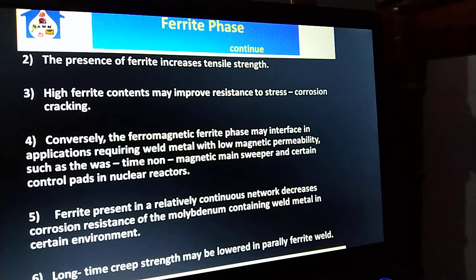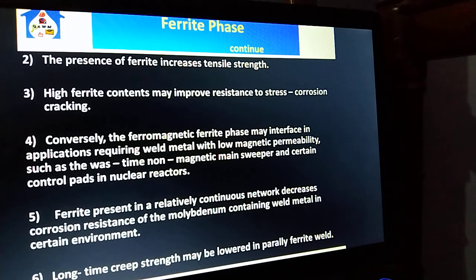The presence of ferrite increases tensile strength. High ferrite content may improve resistance to stress corrosion cracking. Conversely, the ferromagnetic ferrite phase may interfere in applications requiring weld metal with low magnetic permeability, such as those involving non-magnetic mine sweepers and certain control parts in nuclear reactors.